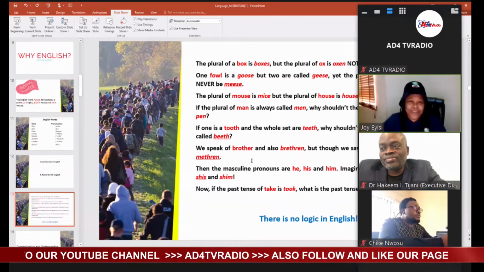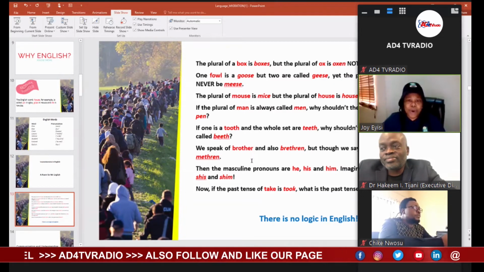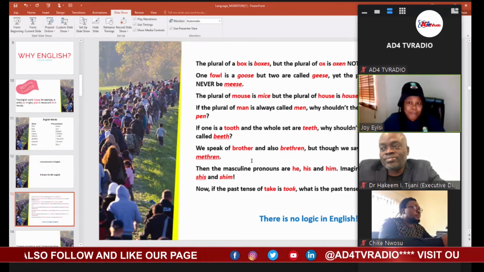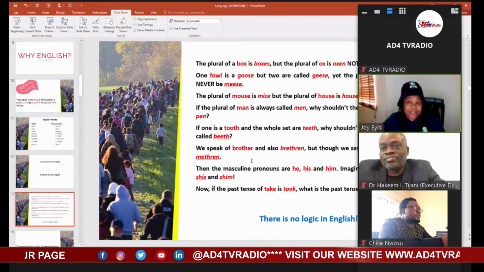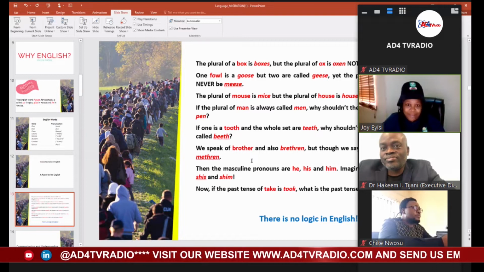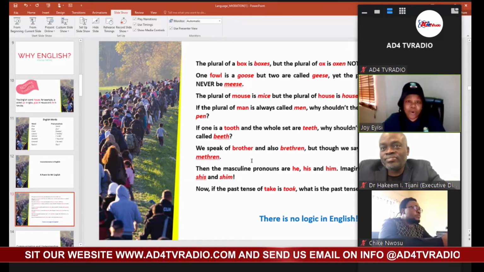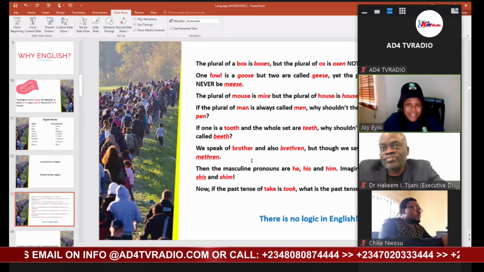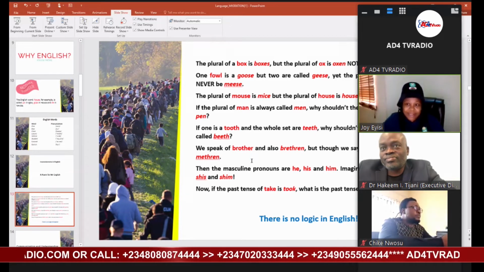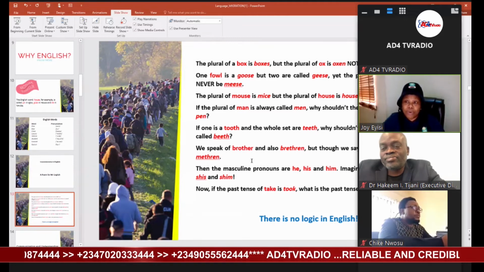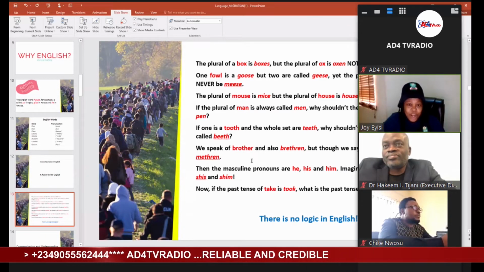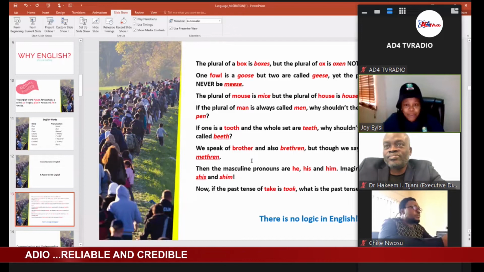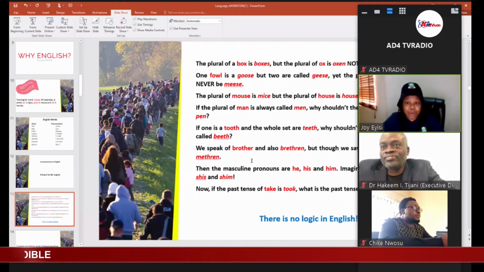And now you can see, the plural of a box is boxes, but the plural of ox is oxen, not oxes. One fowl is a goose, but two are called geese. Yet, the plural of moon should never be meese. The plural of mouse is mice, but the plural of house is houses, not hice.